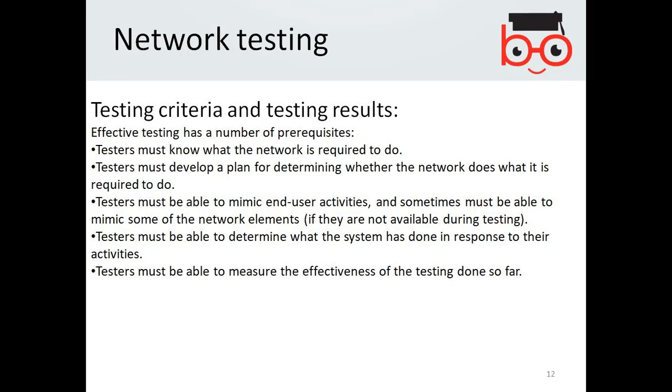Then testers must be able to determine what the system has done in response to their activities. Obviously the aim of the testing is to know what the system is doing against the activities.